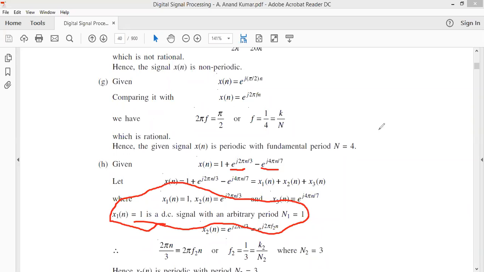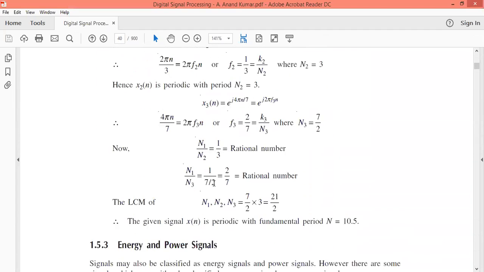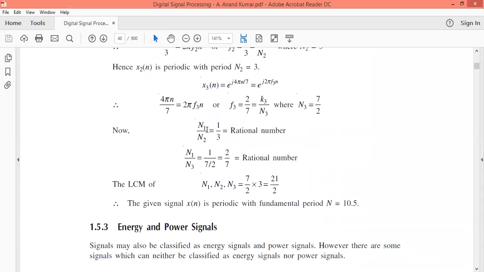Here we get n2 and n3, and you get a number. Then we have to check, just as we discussed, n1 by n2 and n1 by n3, whether it is a rational number or not. If it is a rational number, then it is periodic, otherwise it is non-periodic.